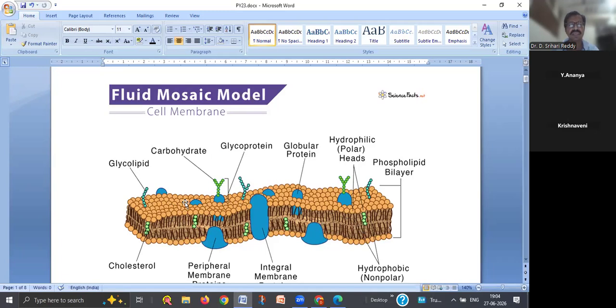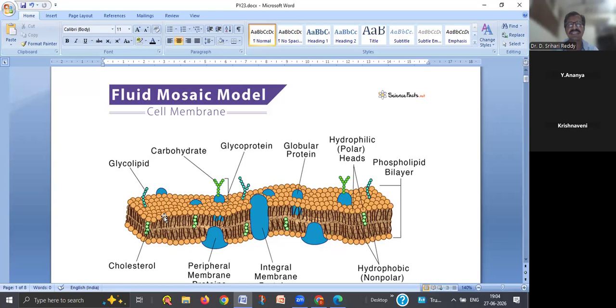Here is the lipid bilayer, where we see the hydrophobic and hydrophilic parts. The tails are hydrophobic, and the outer head-like structures are hydrophilic.